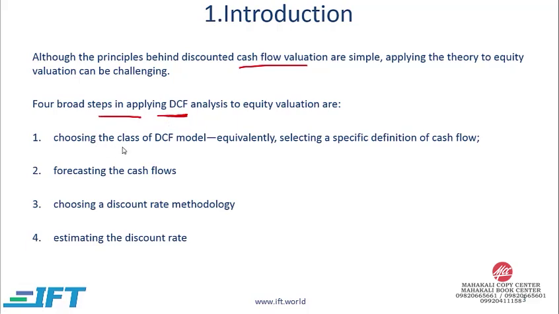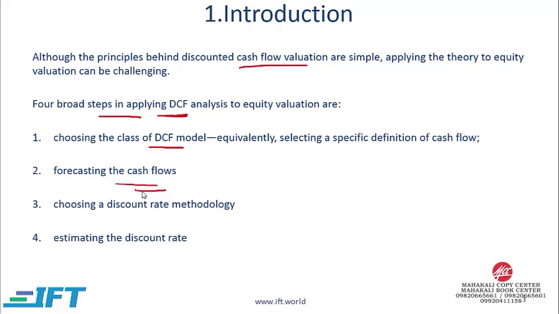The first is to choose the class of the DCF model, and effectively this means selecting the definition of cash flow. If you take the perspective of an equity investor, then what cash flow do you use? Either you can think of yourself as somebody who owns shares and your cash flow is the dividend, or you might define the cash flow as free cash flow to equity, and so on. So step one is defining the cash flow.